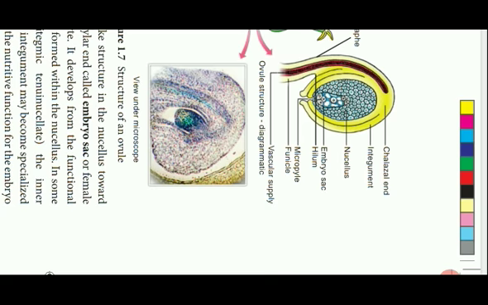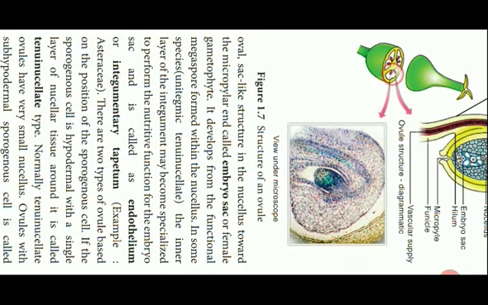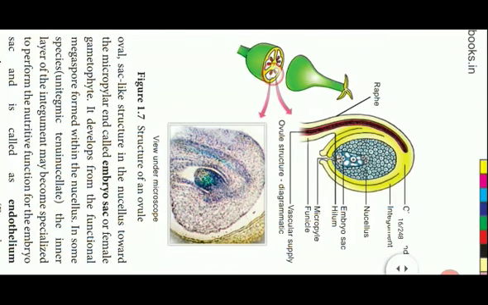Okay, in the ovule there is a large sac-like structure in the nucellus. The blue colored portion is the nucellus. In the nucellus we can see the sac-like structure. Sac means a bag-like structure, present at the micropylar end.